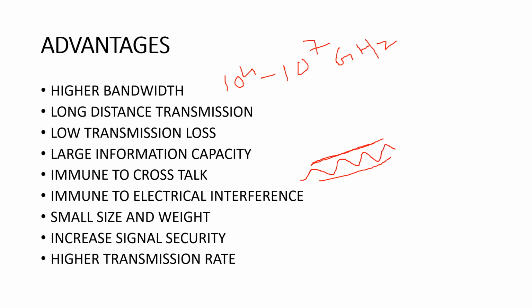Basically, this is a dielectric material, and the nearby signals cannot interfere with this optical signal. So it has the advantage of immunity to crosstalk. The nearby signals will not interfere with this optical signal.